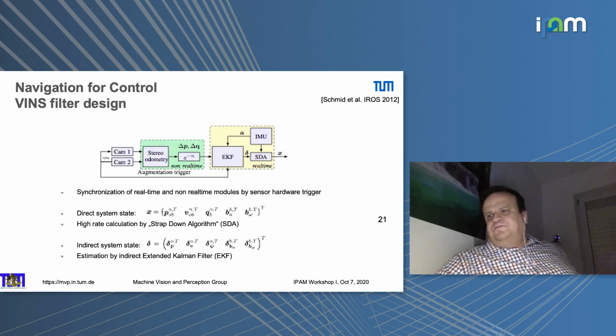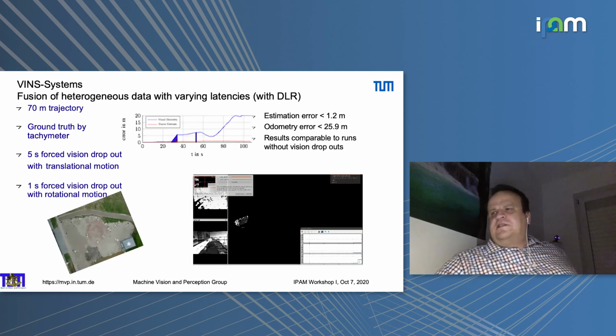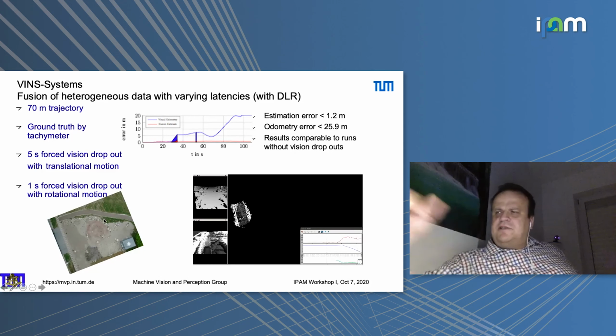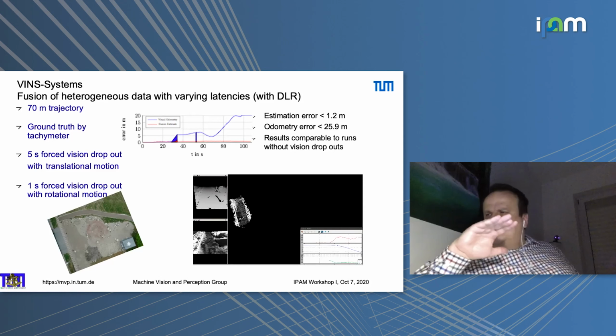So basically, this is something, as I said, we use to stabilize drones. What we did here is, for example, an experiment where the system was flying on a triangular course, and we switched the camera off for 5 seconds while the system was doing translational motions, and we switched the camera off for 1 second when the system was doing a rotational motion.